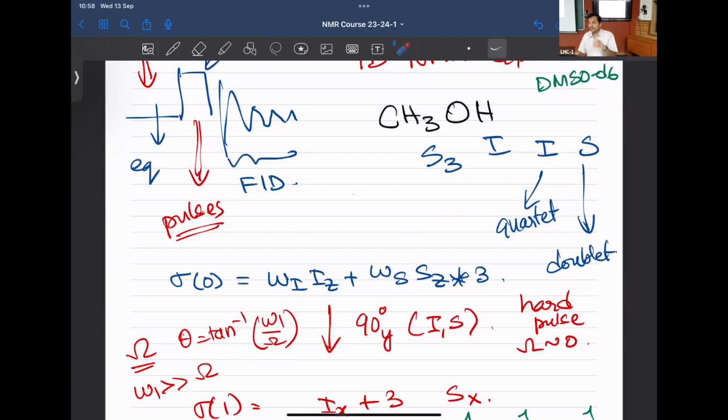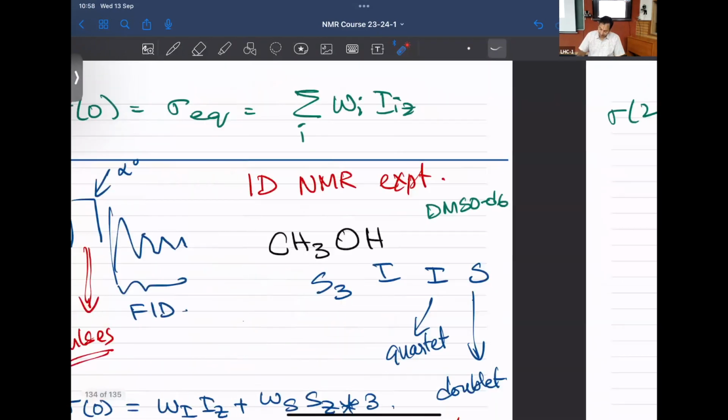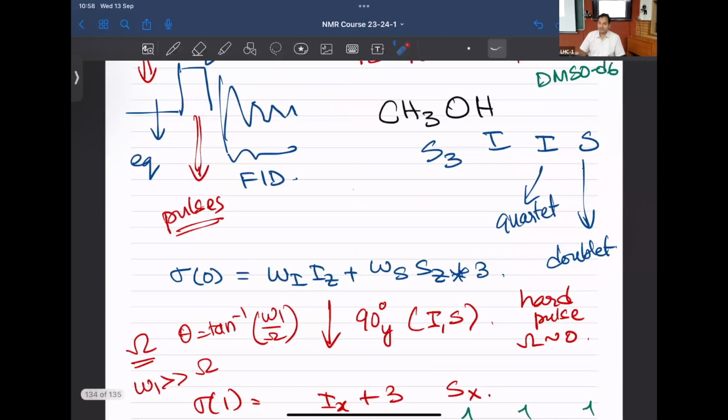The whole idea of this course is that if I take a sample, do I understand how NMR works? Tomorrow when you guys come, I request you to tell me what sigma of 2 is. As I just said, I've given you hints: first apply the chemical shift, which is easy.